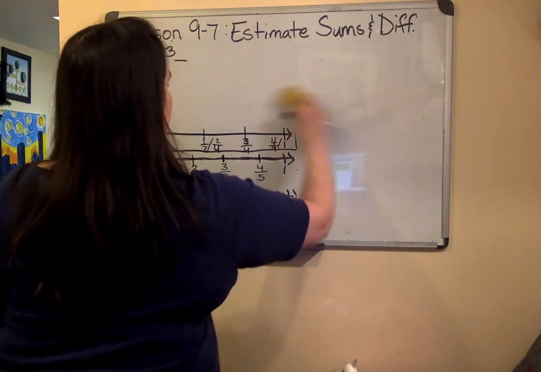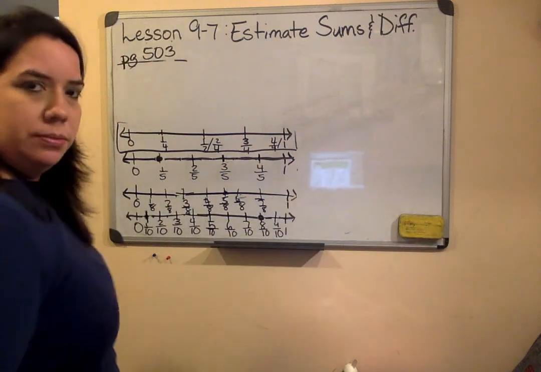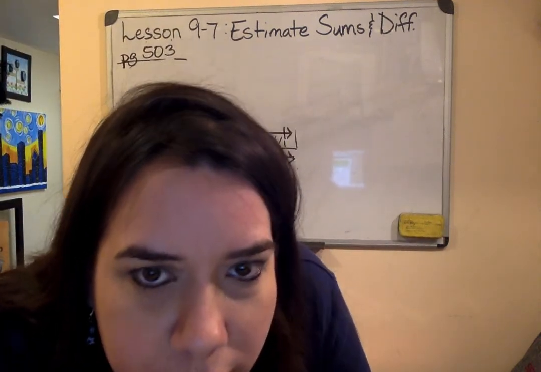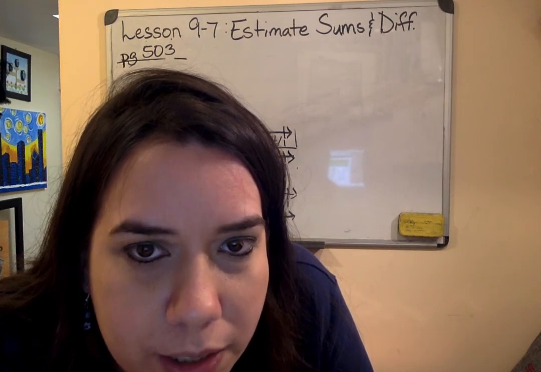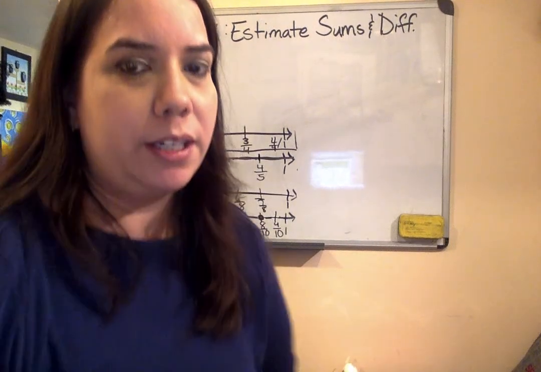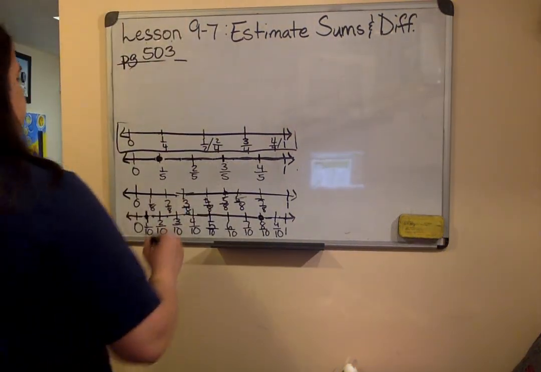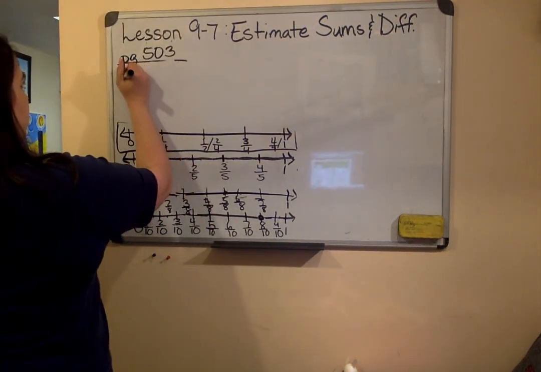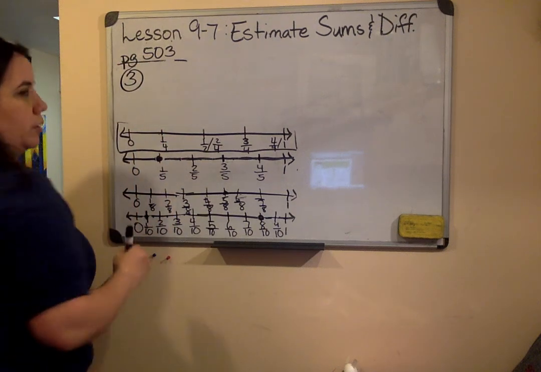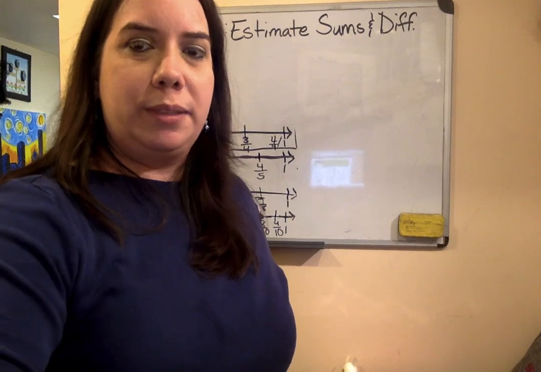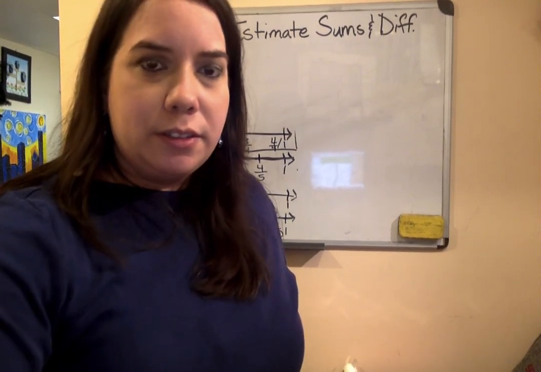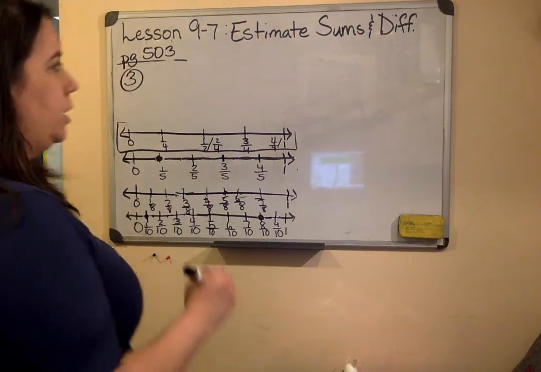All right, let me look at the lovely fractions they gave you that we're working with. Okay. So we have the number lines already pre-drawn for you, which is really nice. So let's start with number 3. Sorry guys, my page is really small. Okay, 1/3 plus 1/2.